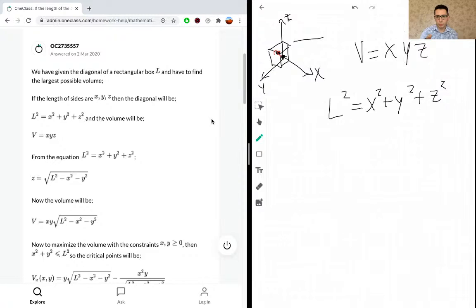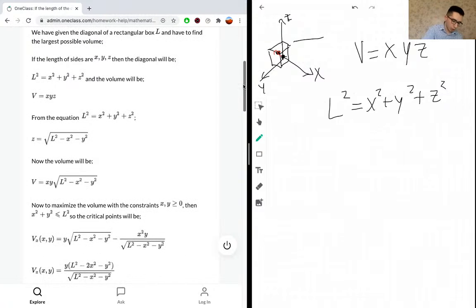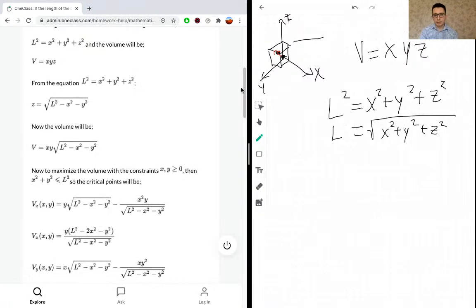This is for any point in a 3D coordinate system. That gives us the value of L if we take the square root of x squared plus y squared plus z squared. So here we can go one step further and say that L is equal to the square root of x squared plus y squared plus z squared. And from this we can substitute the value of z into the volume. So for volume, we have one equation here.